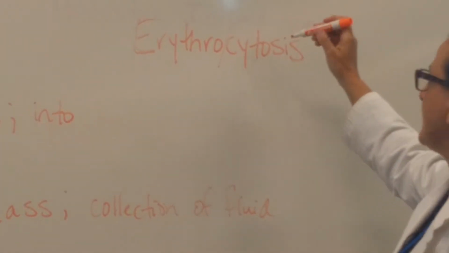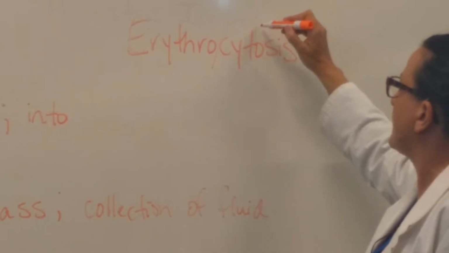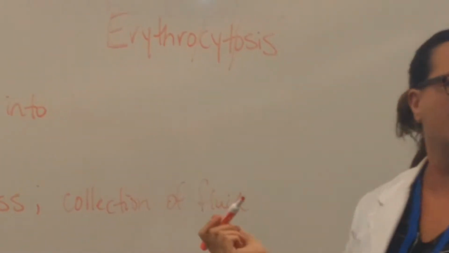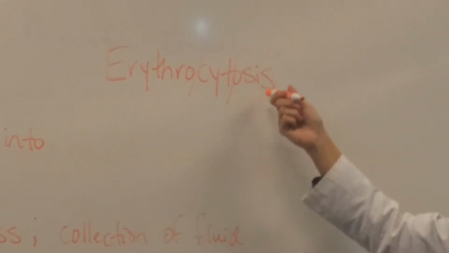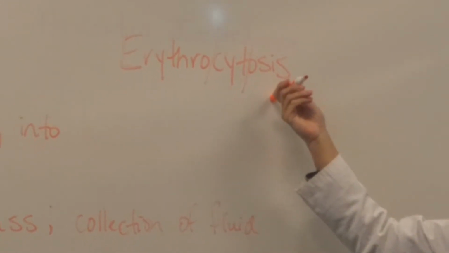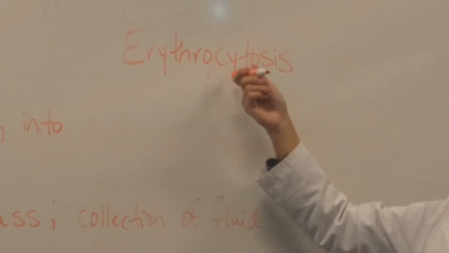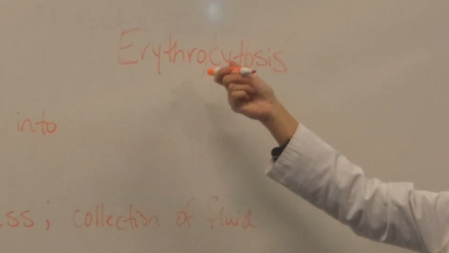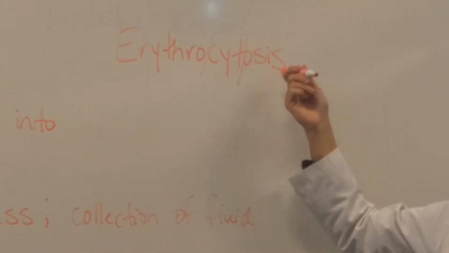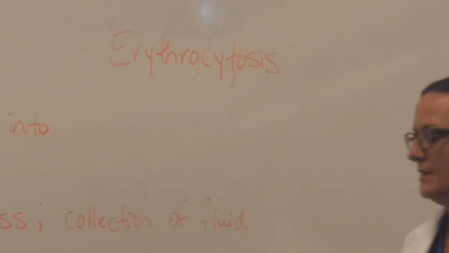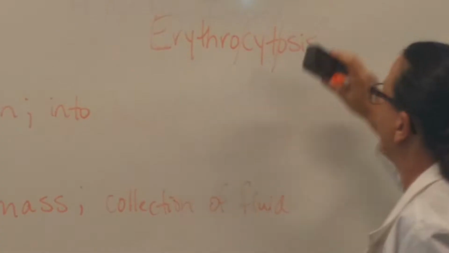Because if you break it down into erythro and cyto and osis, it means something different, right? Because osis is abnormal condition. Erythro is red and cyto is cell. So if you broke it down like this, you'd say it's an abnormal condition of the red cells. Abnormal condition, but you need to be more specific.